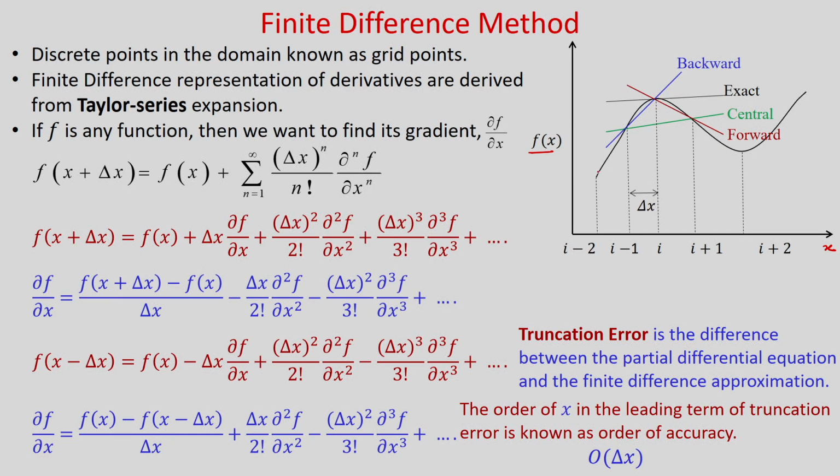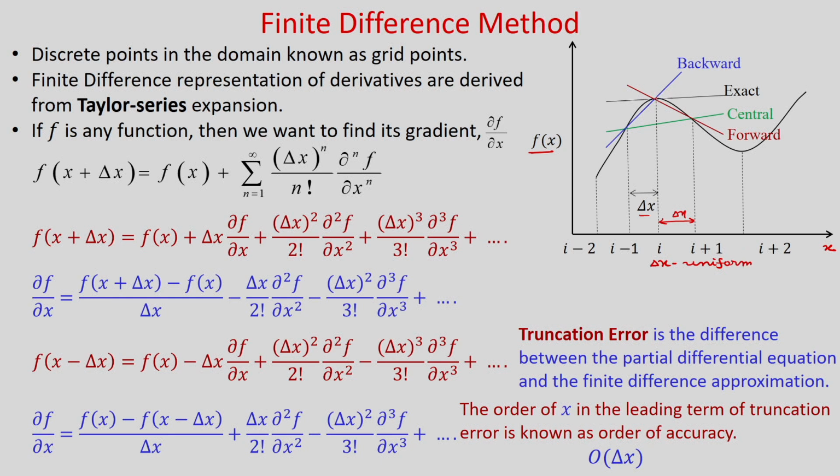If you take this variation of f with x, and at this point let us say this is the discrete point i, and this is i plus 1 at a distance delta x, and on the left side we take another discrete point i minus 1. This distance is also delta x; let us say delta x is uniform, so everywhere delta x is the same.